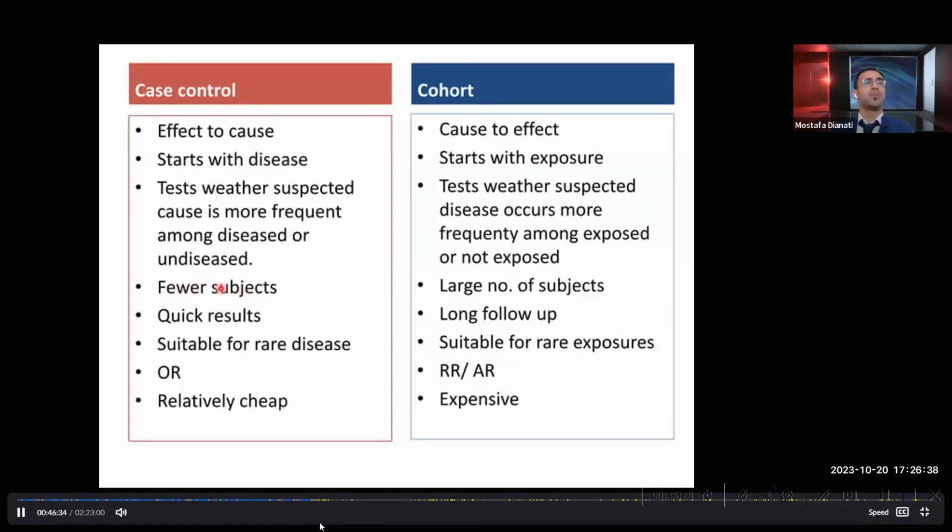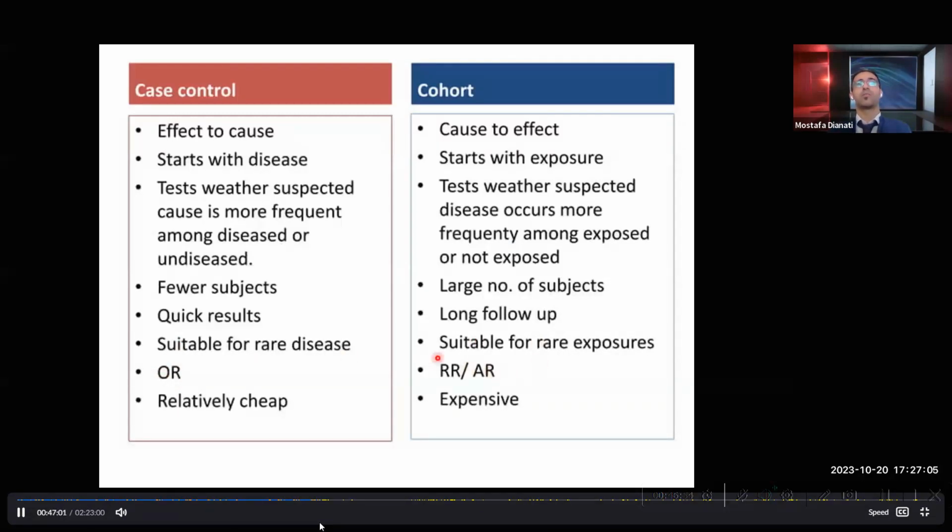In case control, we start with fewer subjects, but in cohort studies, mainly our sample size is really high. In case control, we have quick results, but in cohort studies, in most cases we need long follow-up. As I said, case control is suitable for rare disease, cohort for rare exposure. In case control study, you see OR or odds ratio in publications.